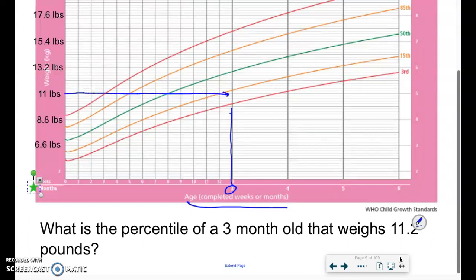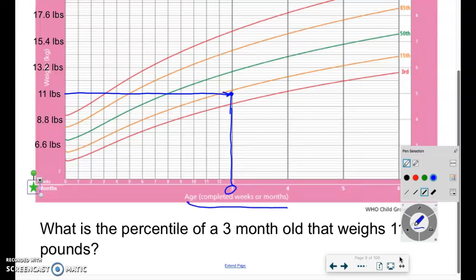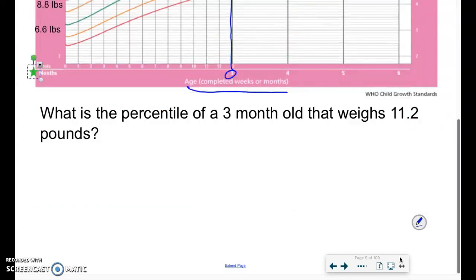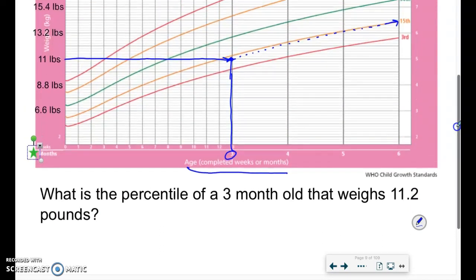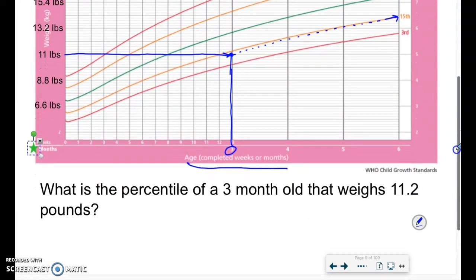Where do they kind of meet? Right around here. So I'm going to follow that crumb trail over to the side, because these lovely little colored lines tell you the percentile rank of your child. In this case, this particular 3-month-old is pretty close to the 15th percentile.